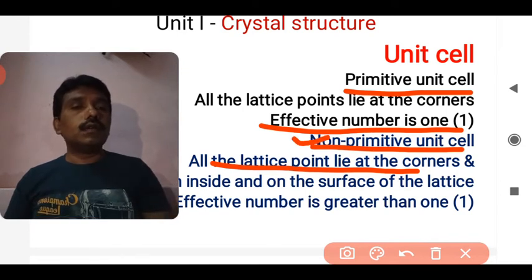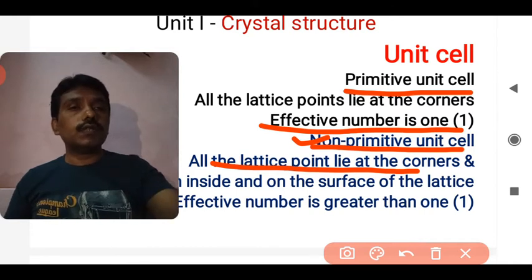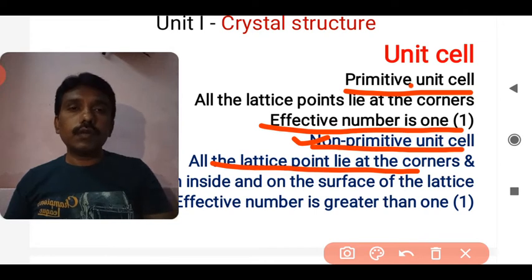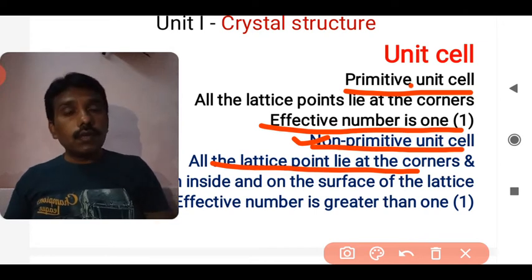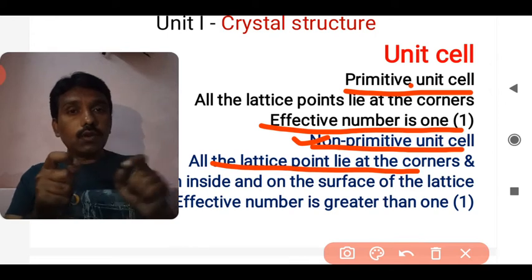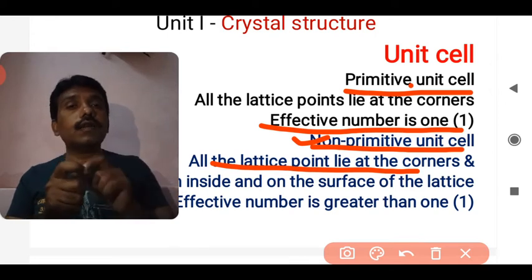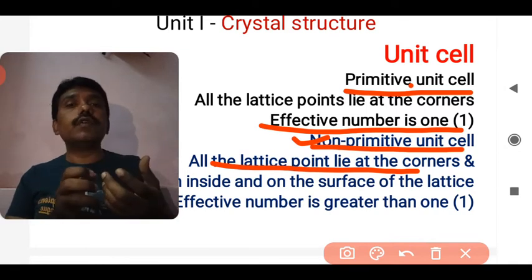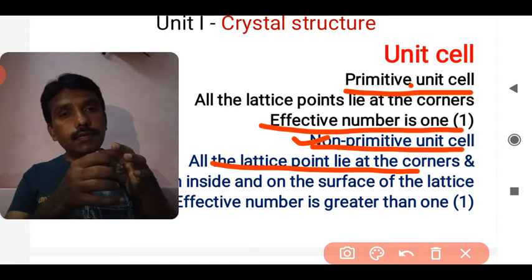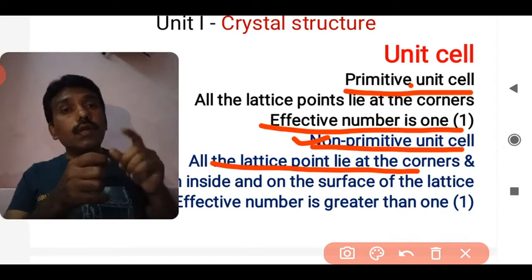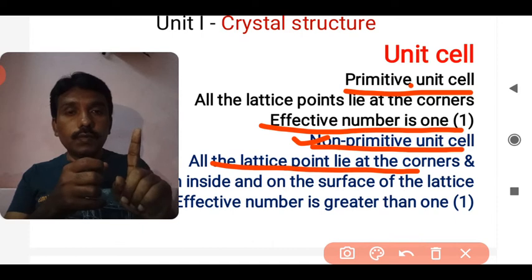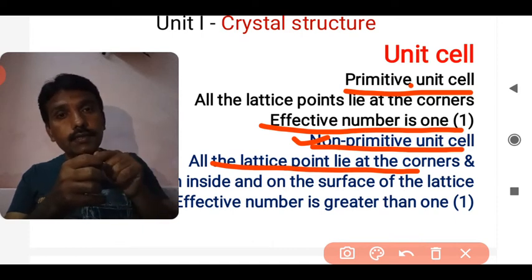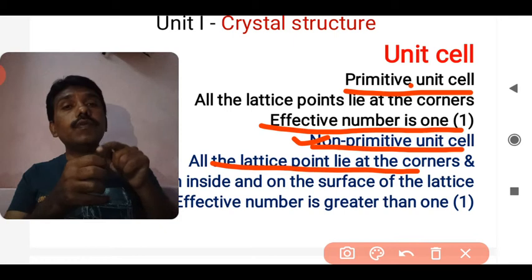As far as the effective number is concerned, for the primitive unit cell it is 1, no doubt, as the points are exactly on the corners, and we take the effective number as 1. For additional points, say 1 on the corner, that is one effective number, plus 1 inside the parallelepiped, that is 1 and 1, which is 2.